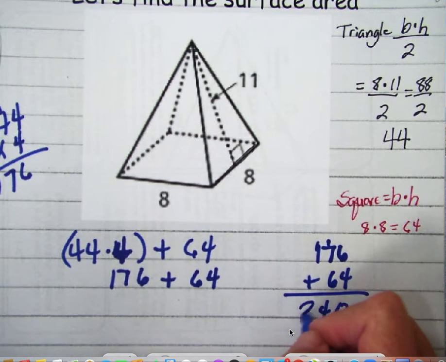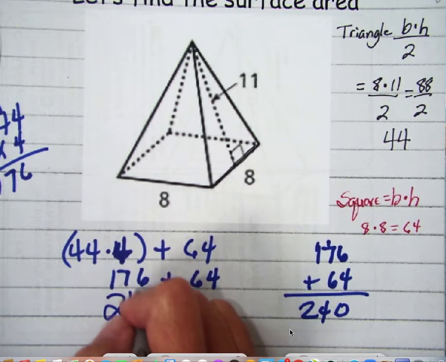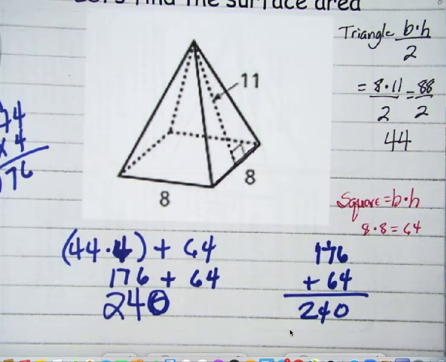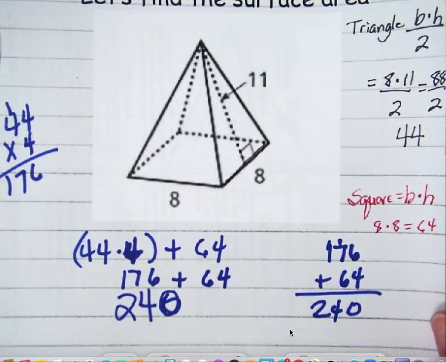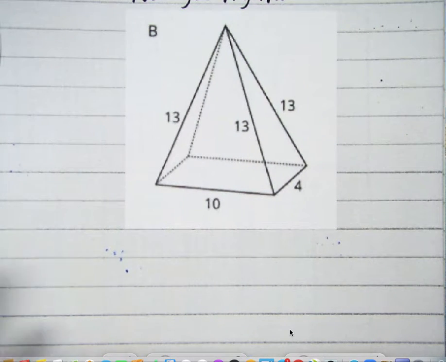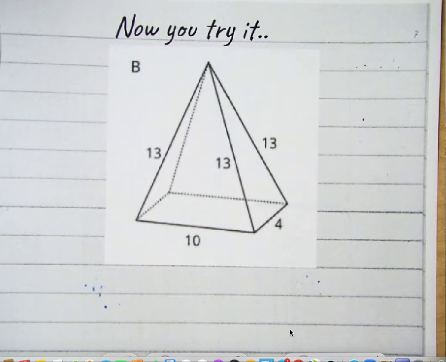Carry the 1. So my surface area of this one is 240. Any questions? All right. Now, I want you to pause the video and try this one on your own.